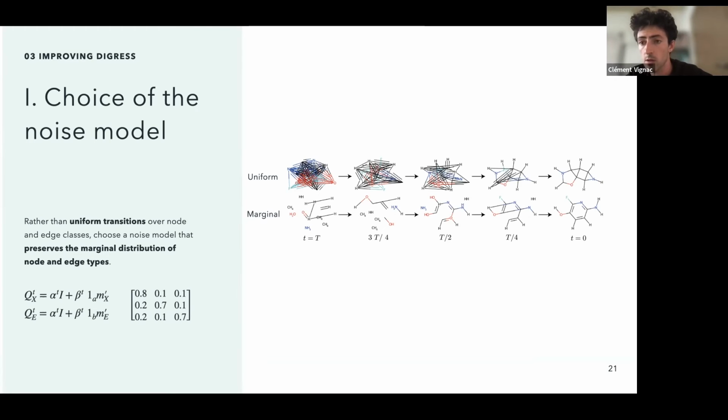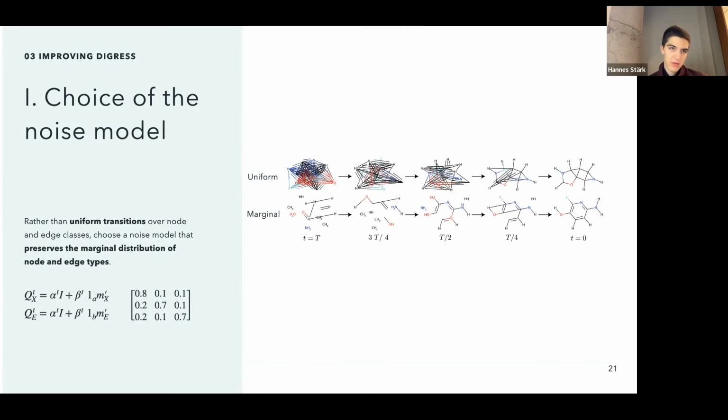So if you add more and more noise, you will end up with 80% of the pairs in the state no edge, and that's the distribution that you sample from, like your prior distribution. All right, ideal.